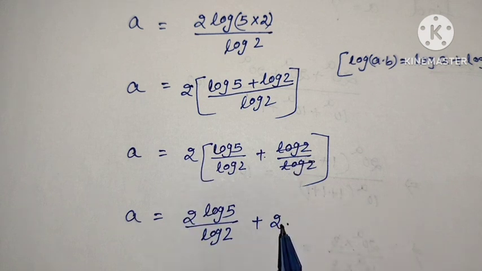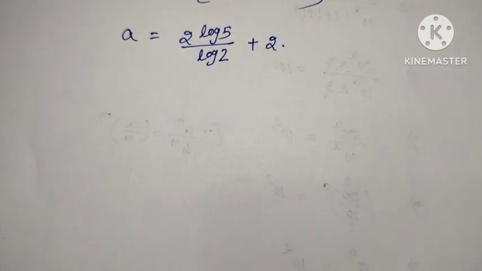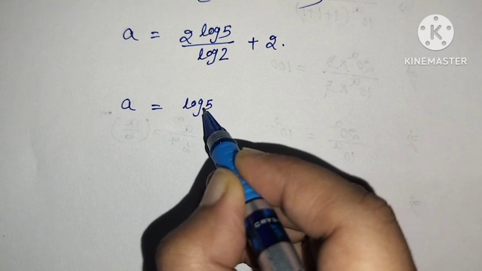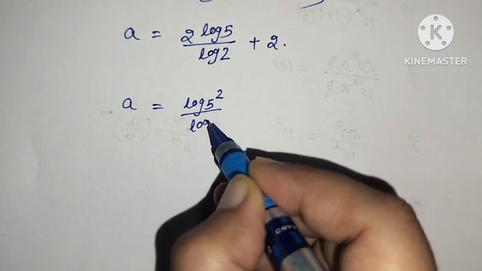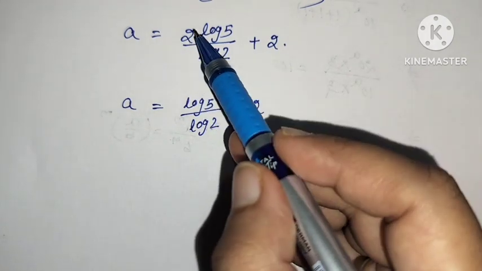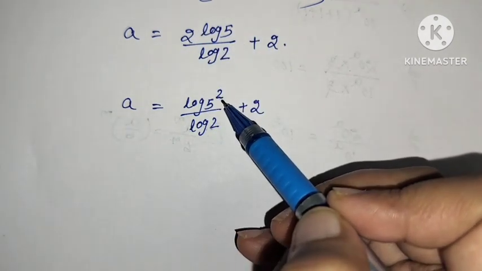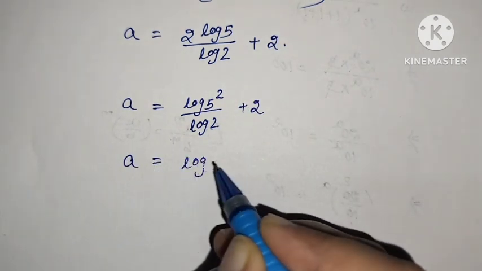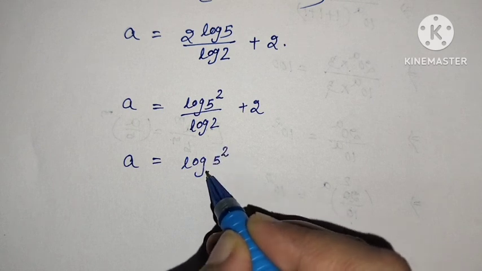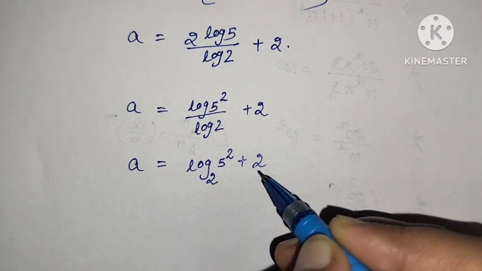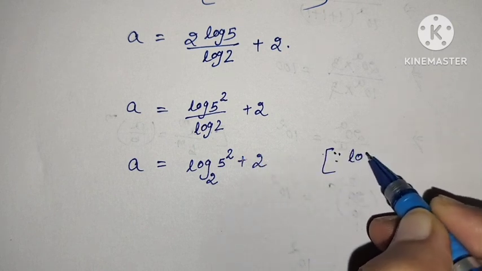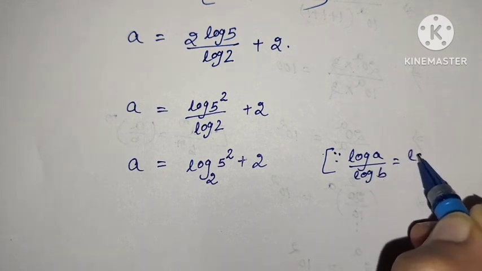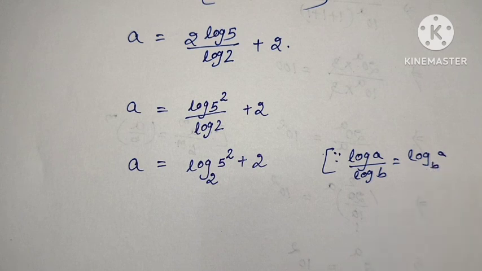2 into 1, it is 2. Then a is equal to log 5 to the power 2 by log 2 plus 2. Here this 2 is the power. Then the value of a is equal to log 5 to the power 2 base 2 plus 2, because we know log a by log b is equal to log a base b.